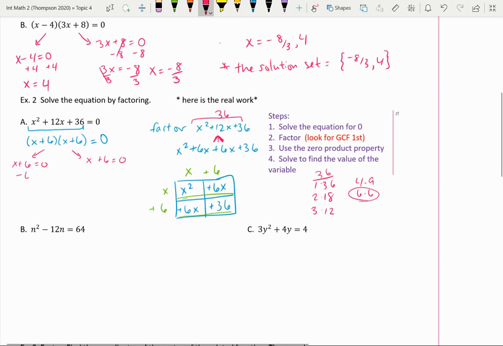So now I'm going to solve for x. And I get x equals negative 6. And I get it again. Now, while that affects the way that the graph looks because it occurs more than once, my answer is just going to be a very simple x equals negative 6. That means that it's going to touch at negative 6 and turn around and go back the other direction, right? We looked at graphs that only had one solution.